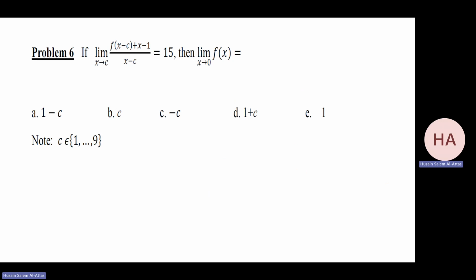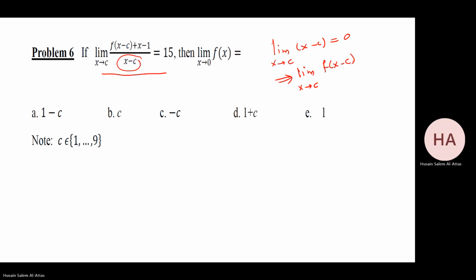This limit equals 15. Notice the limit of the denominator equals 0. So that means for this limit to exist, the limit of the numerator should be equal to 0.